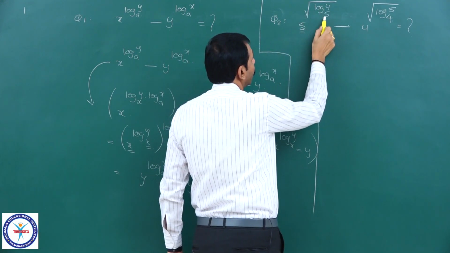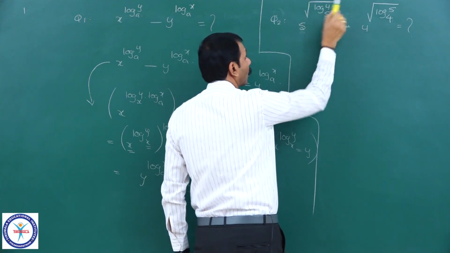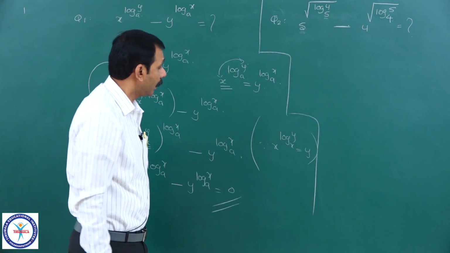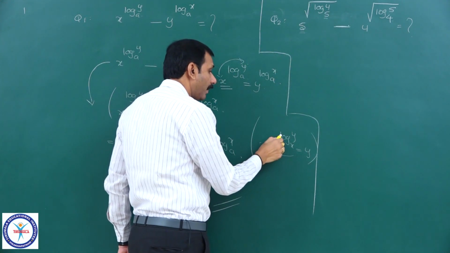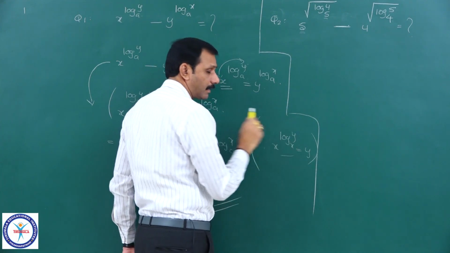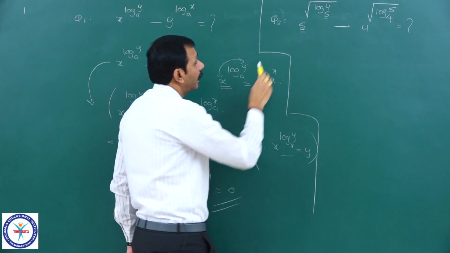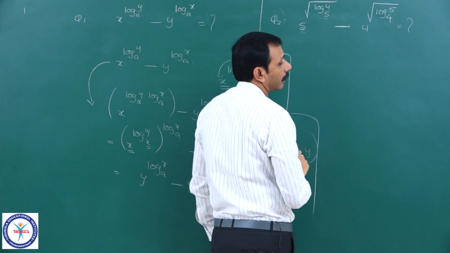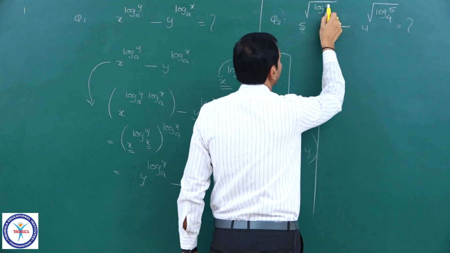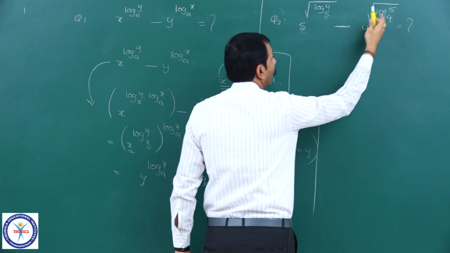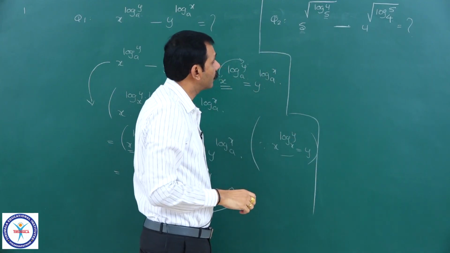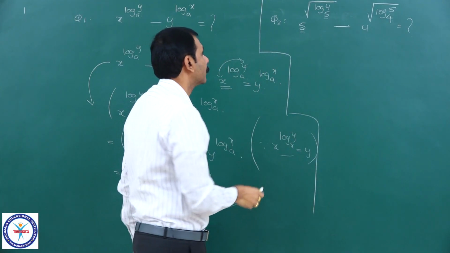Of course, this one and this one are the same only, but it is under root. If it is of this form, x power log y to the base x can be written as y. But here 5 power root is there. Here also 4 power root. Don't write it as root of 4 and root of 5, it is wrong. So, let us handle this.